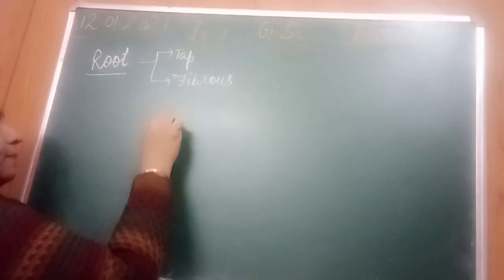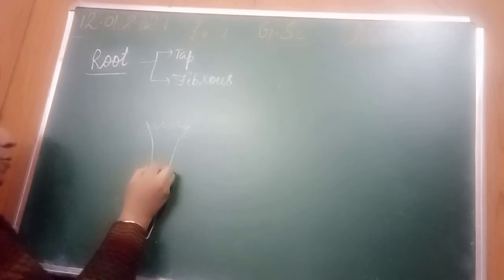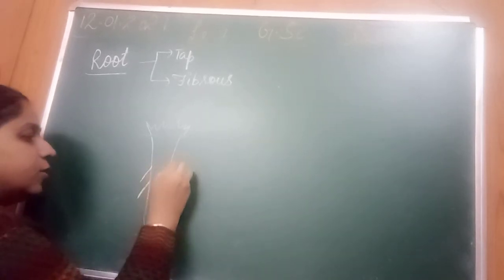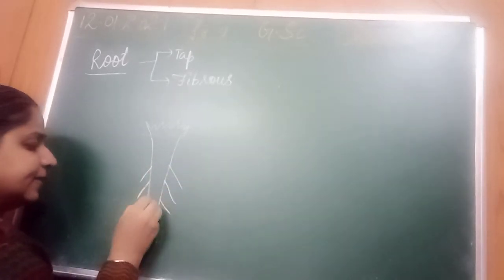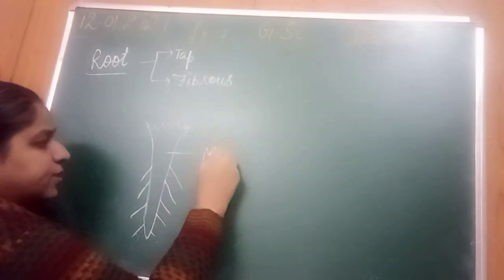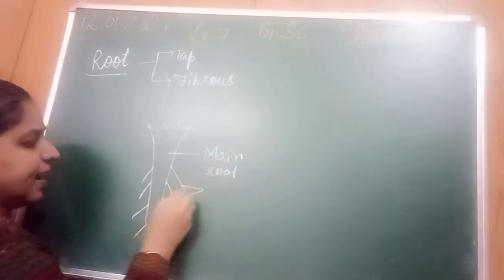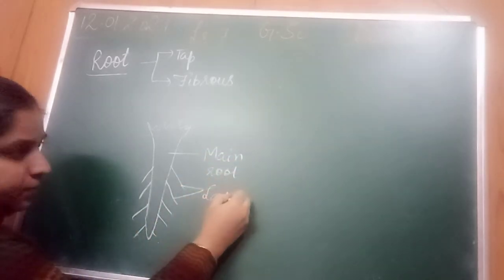This is the stem. And there are so many smaller roots that grow from its side. They are known as lateral roots. This is the main root and these are lateral roots.